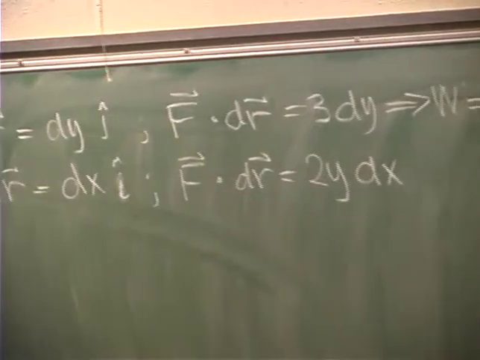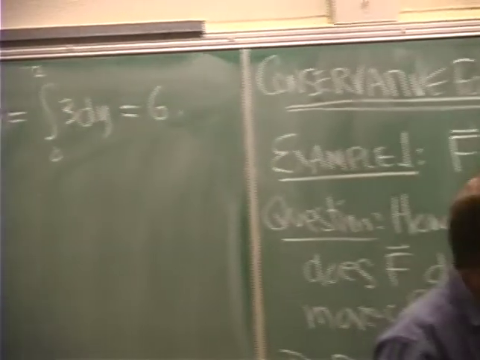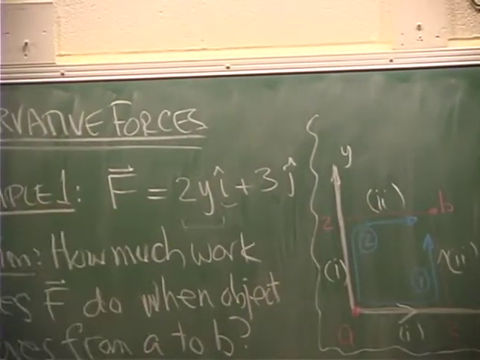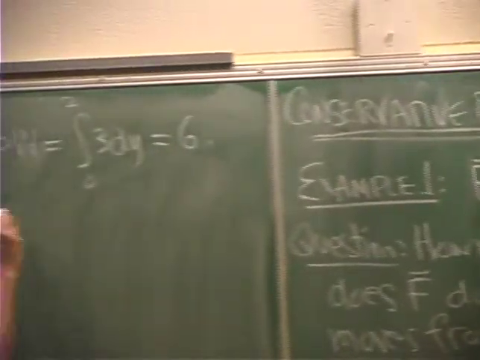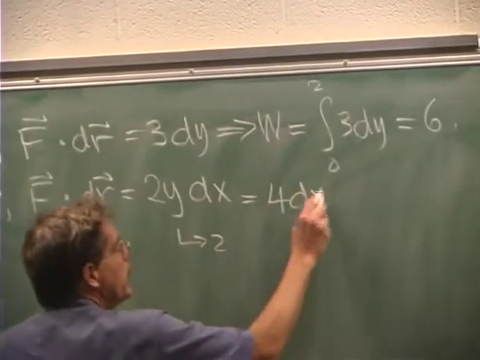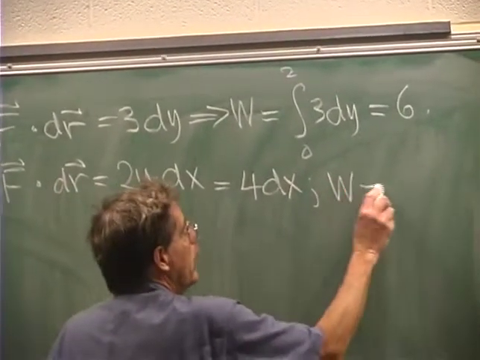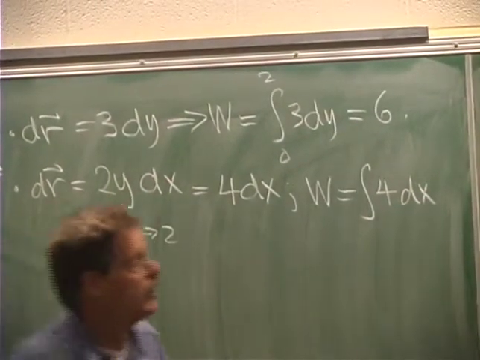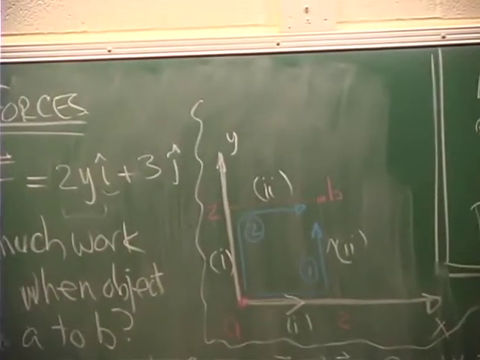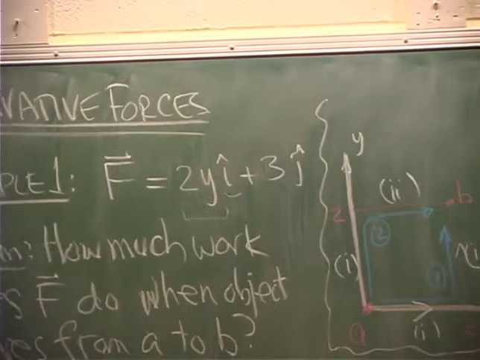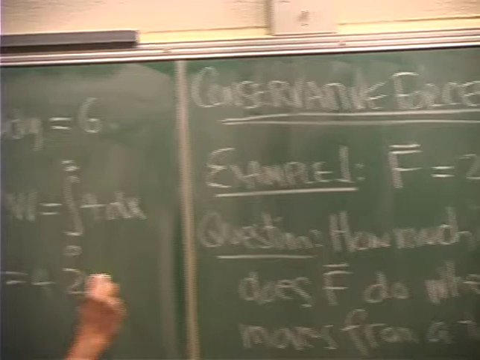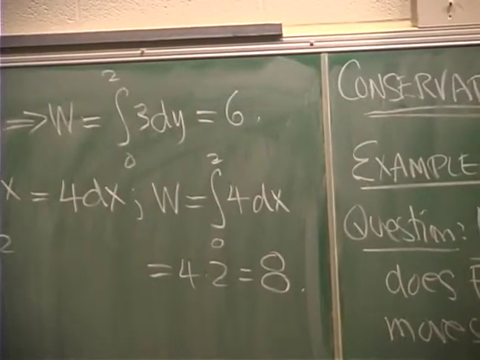Remember, this is like the one along here, but along here I didn't get anything because down there y was equal to 0. But up here, y is not equal to 0, it's 2. So this is equal to 4 dx, and therefore the work done is the integral of 4 dx evaluated between the limits x equals 0 and x equals 2. That's 4 times 2, or 8. How about that?